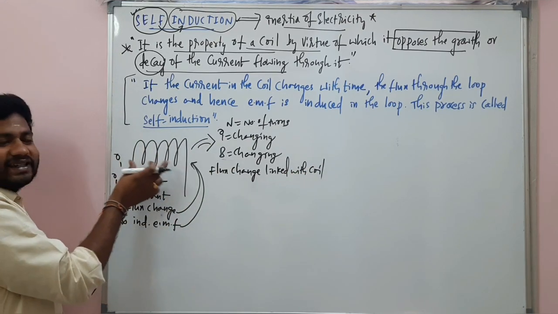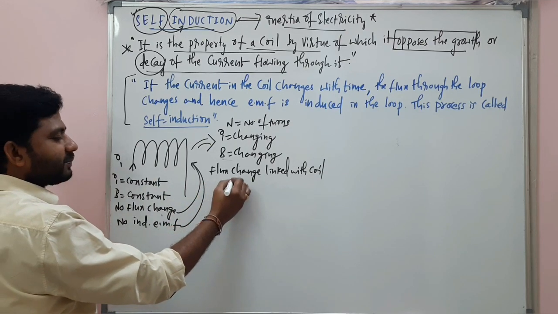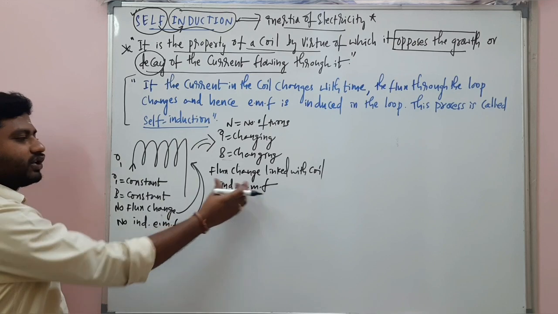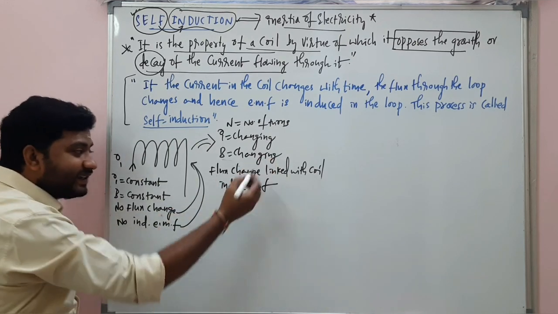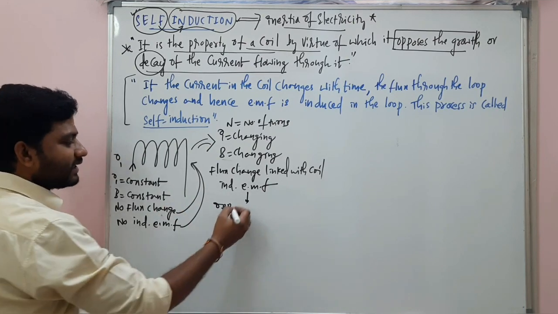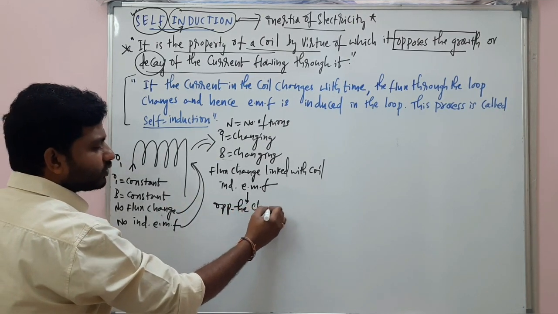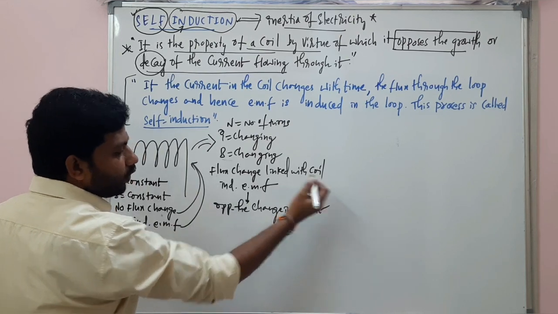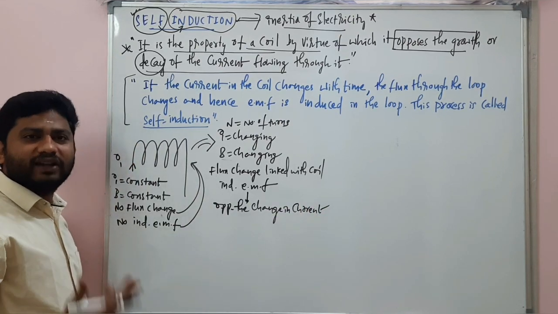When there is a flux change linked with the coil, there is a production of induced EMF. And this induced EMF always opposes the change in current. We also know this by using the concept of Lenz's law.